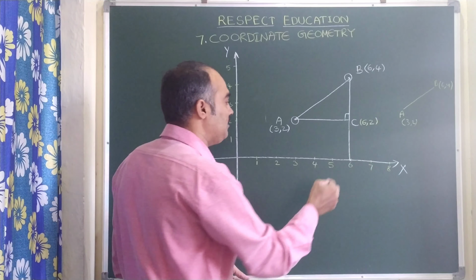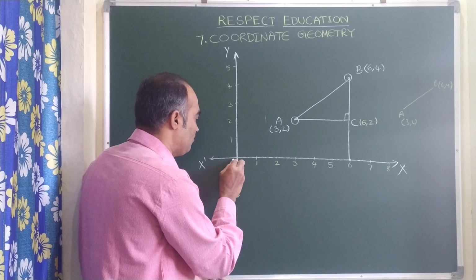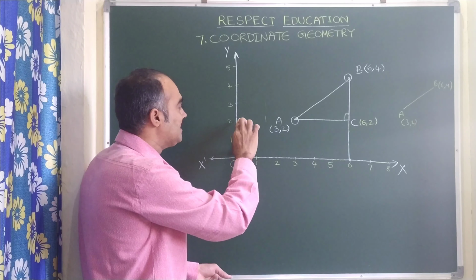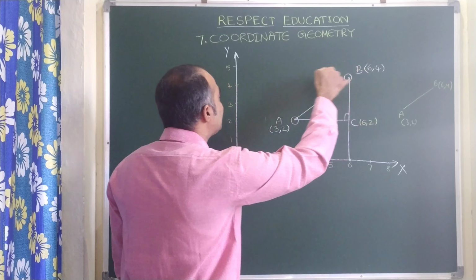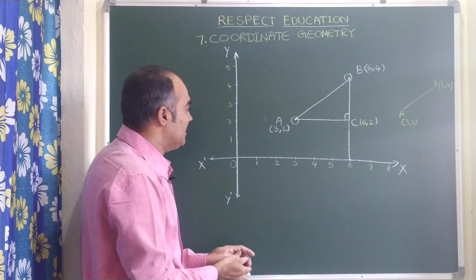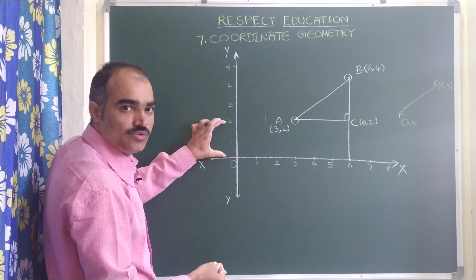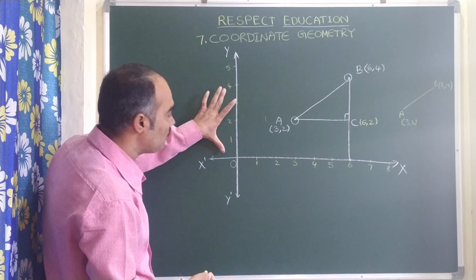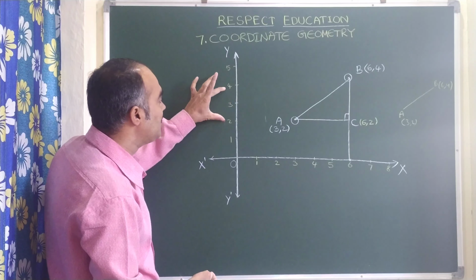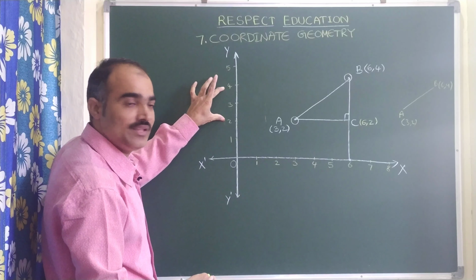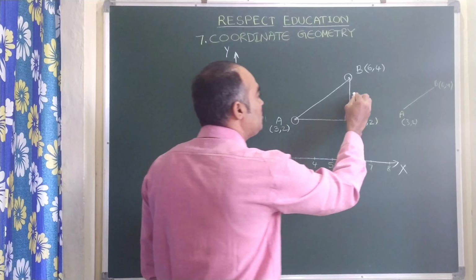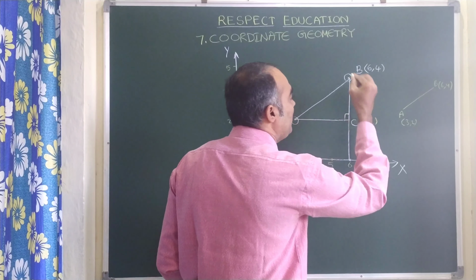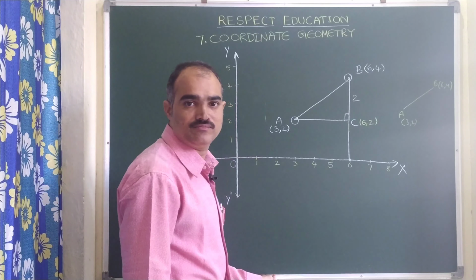Just imagine that from the origin O, C is at a distance of 2 units and B is at a distance of 4 units. Now the distance between B and C is 4 minus 2, which is 2. So the distance between B and C is 2 units.